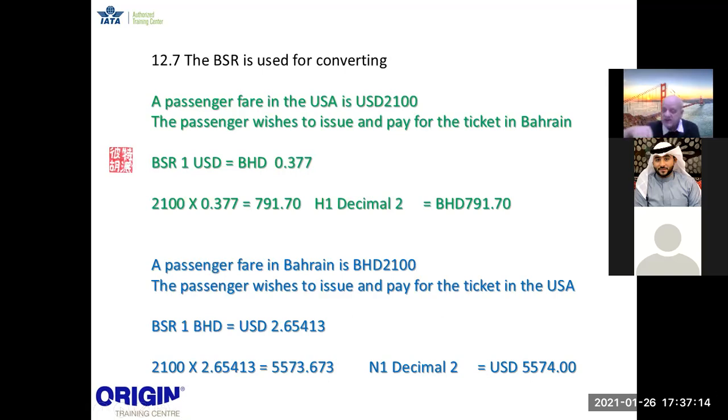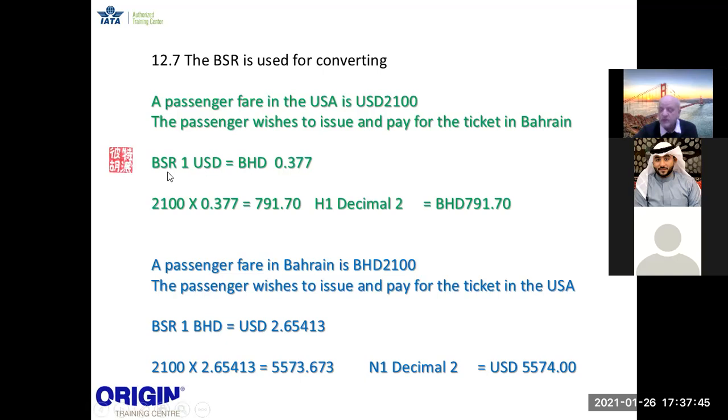And the passenger wants to get their dad or mum to pay for it in Bahrain. If they start in the USA, we change the NUC to US dollars, okay? So we get USD 2,100. Then we have to change the 2,100 US dollars into Bahrain dinar.